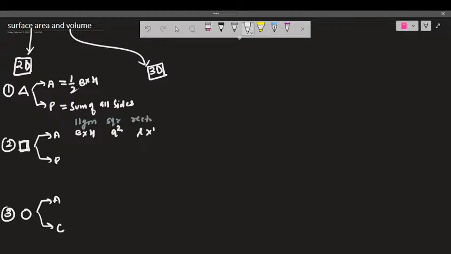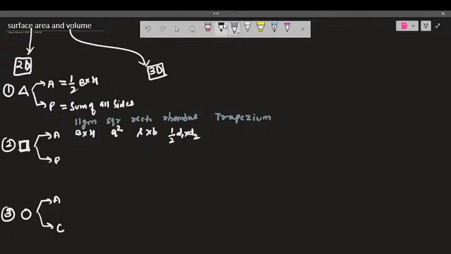If it is rhombus, then area is how much? Half D1 into D2. If it is trapezium, then area is half sum of parallel sides into distance between them, that you can take height.